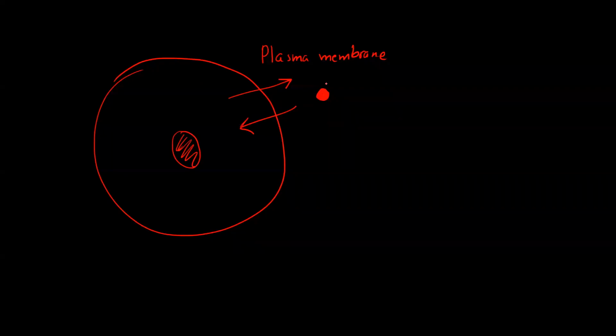If the plasma membrane is not allowing it, this substance will not enter inside the cell. So who regulates whether a substance enters or leaves the cell? The plasma membrane.